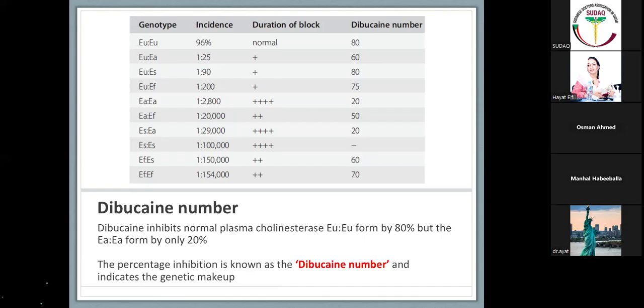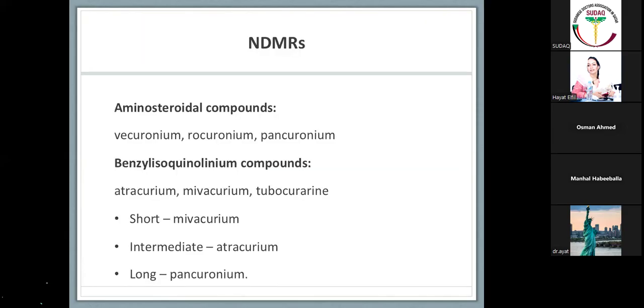Okay, so this is succinylcholine, and then the other category is the non-depolarizing muscle relaxants. Those are generally classified into two main categories based on the structure of the compounds: amino steroid compounds or benzylisoquinolines. Amino steroids, things like vecuronium and pancuronium, are obviously maybe the most commonly used among them, and benzylisoquinoline compounds like atracurium.